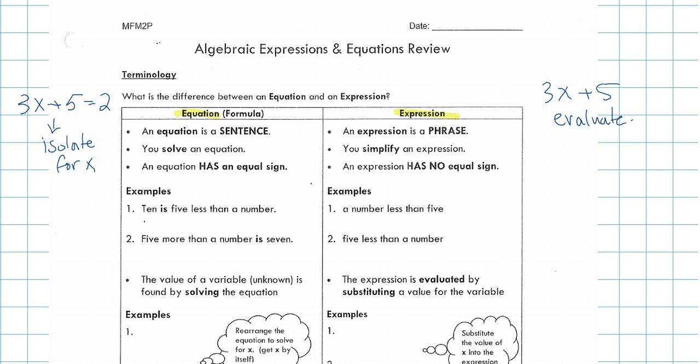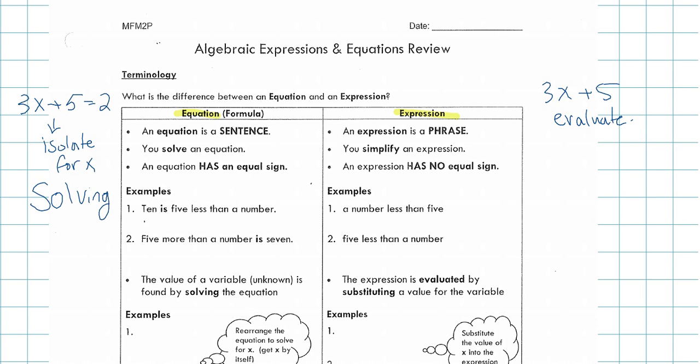So we're evaluating here. In this case, we are solving. So this is solving: finding what value of x will satisfy the equation. This one is just a matter of evaluating if I give you a value for x.